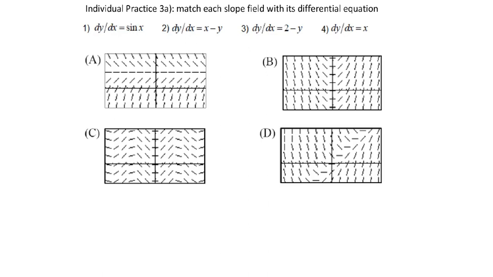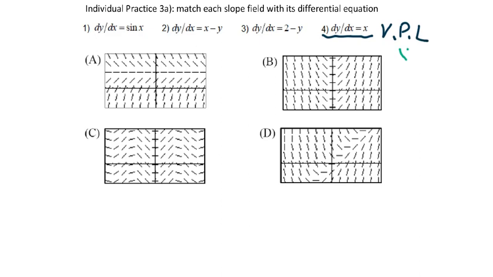Let's go over another matching problem. This time, given differential equations. Therefore, you need to check the pattern. For this one, there's no y, which means it's a vertical parallel line.